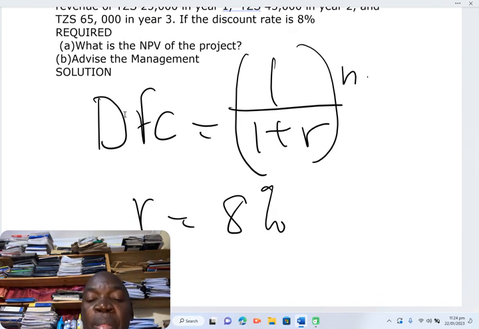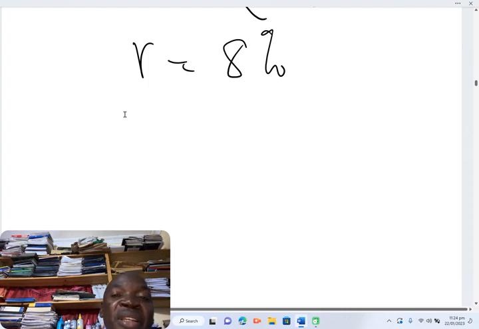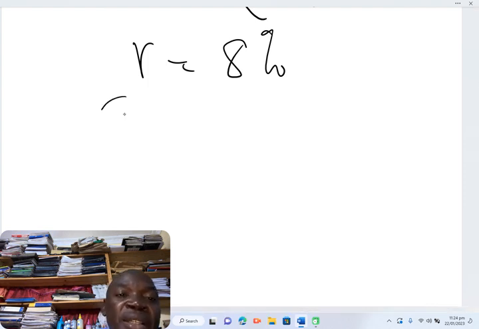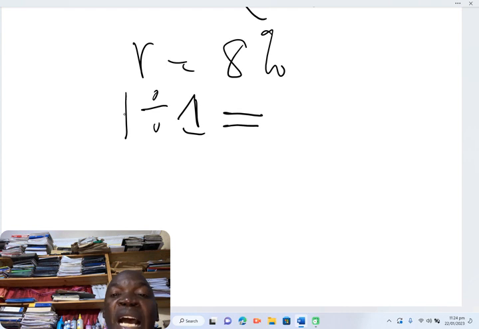What I told you, you have to do the following. Step 1, you place into the calculator 1 divide by 1 equal, again divide by 1.08.